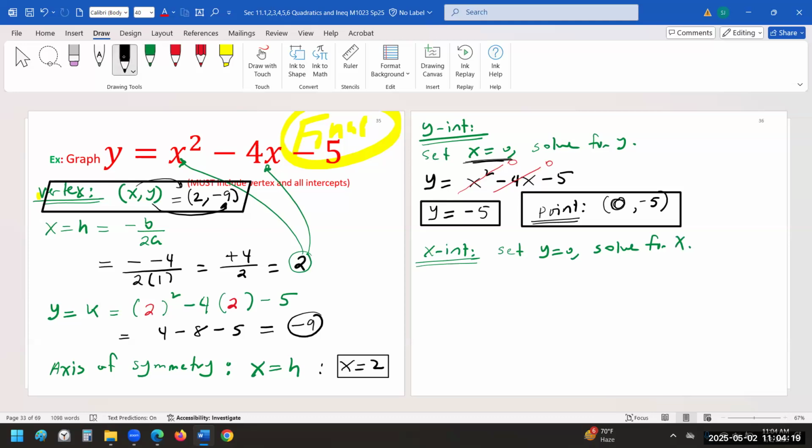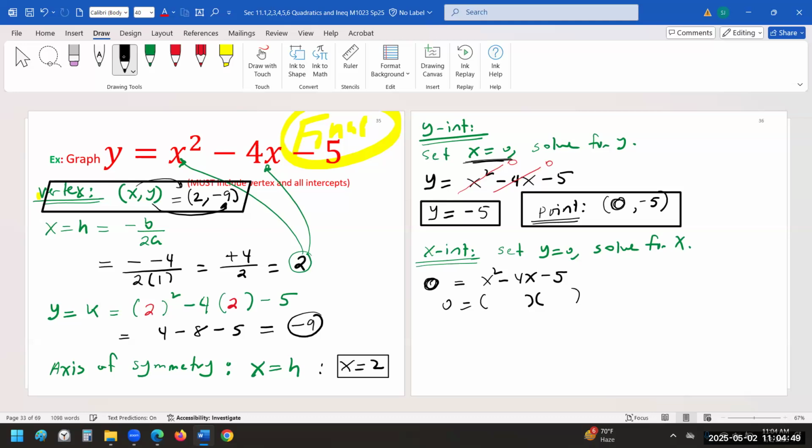So since we have y equals this function, that means we have 0 equals x squared minus 4x minus 5. So basically you're solving for x. Anytime you're trying to solve for x, your first step always should be what? Which method do you always want to look at? Factoring. Is it factorable?